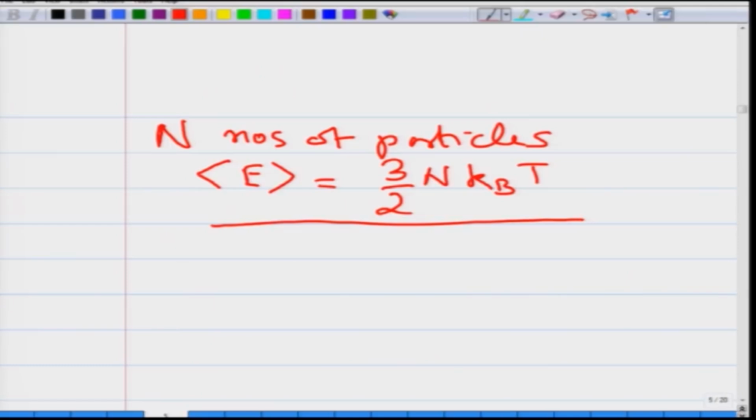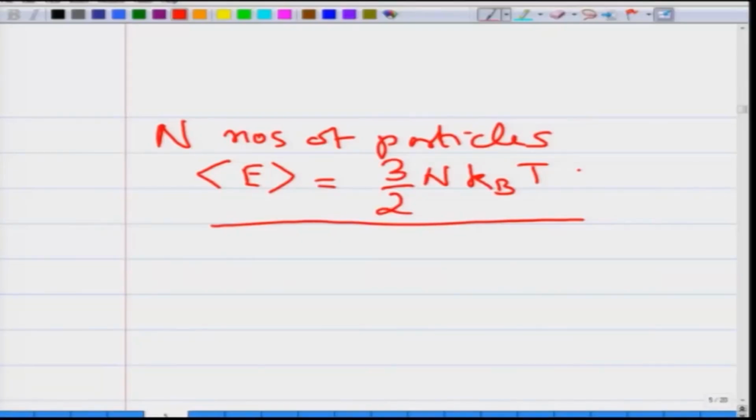Now, recall that in the kinetic theory of gases, we have considered no potential energy because there is no interaction between the particles. So, this becomes the total energy of the gas of particles.